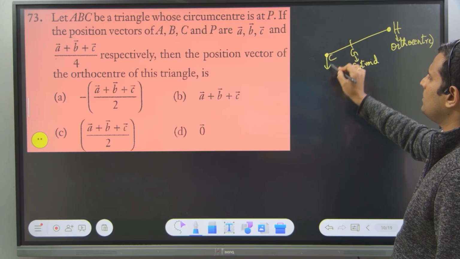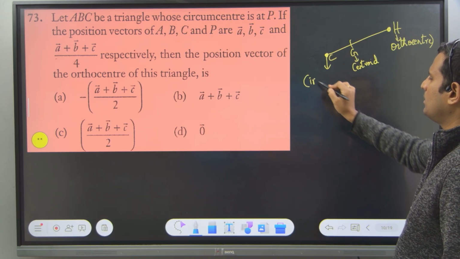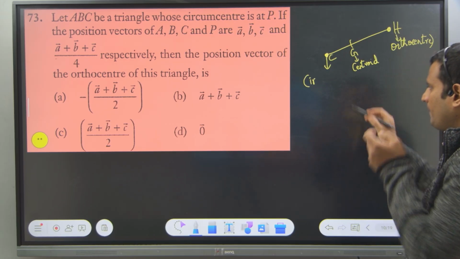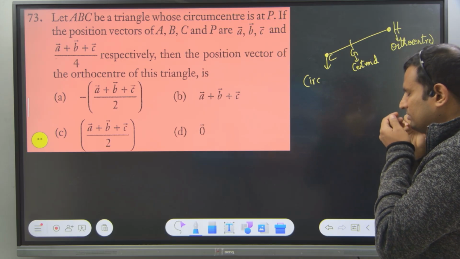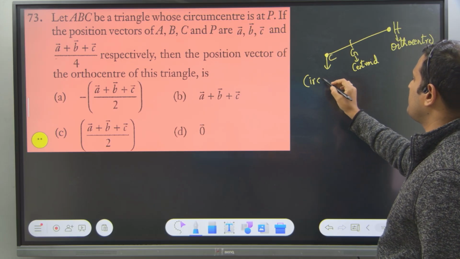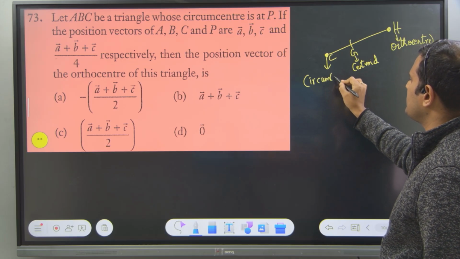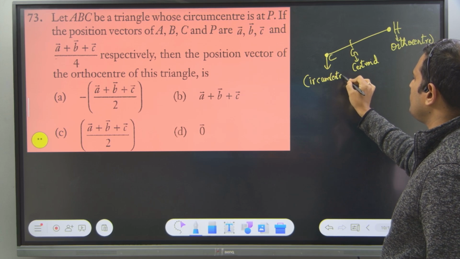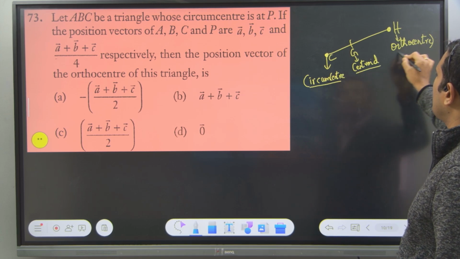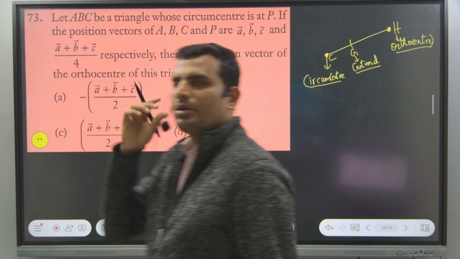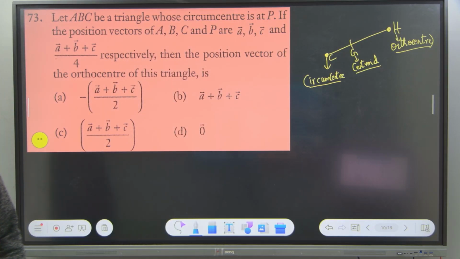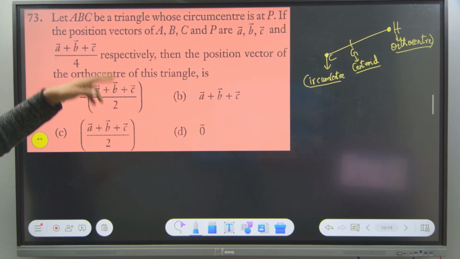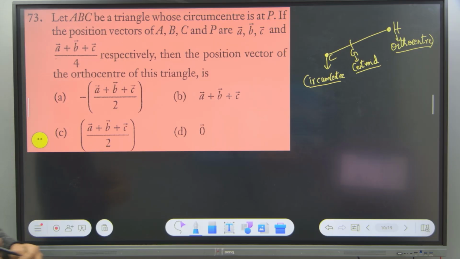So we'll call C only. Circumcenter is C. In the last class, I told you how the centroid divides the line joining circumcenter and orthocenter.